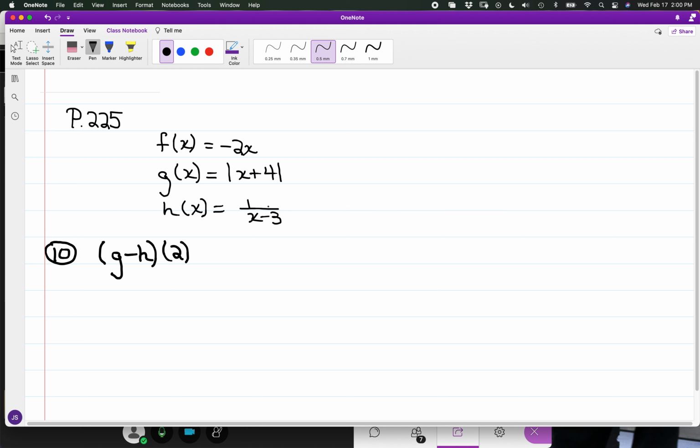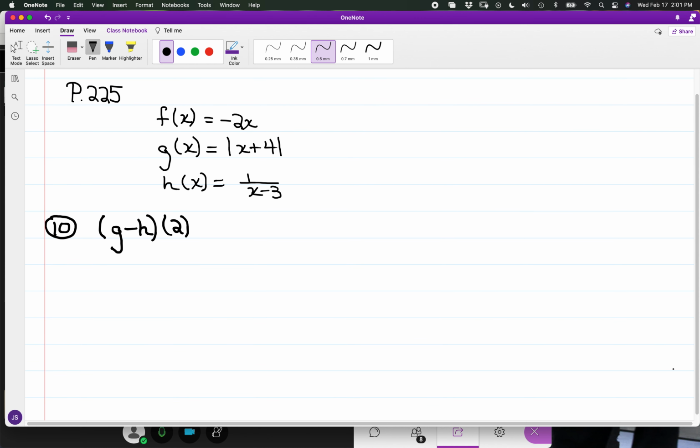Up to this point, I have looked at operations between functions in the general format, and what I'm going to be looking into now is the specific format, especially where you have specific values for the input. In the case of number 10, we're looking at determining what the outcome will be for g minus h of 2.